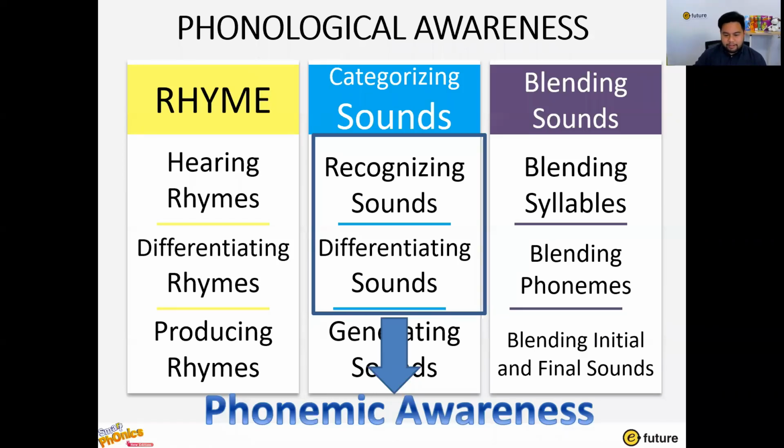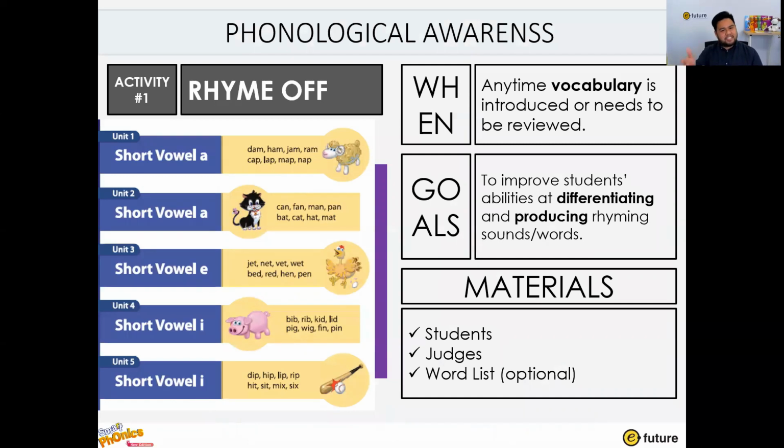All right. So now let's go into some activities that we can practice phonological awareness. Like I talked about, one of the main subjects here is rhyming. So you can have a rhyme off.